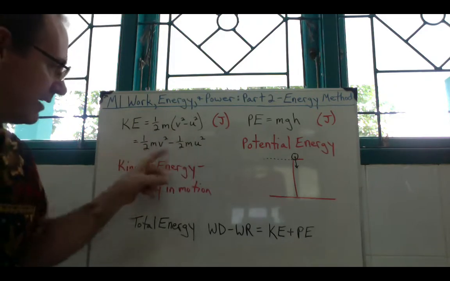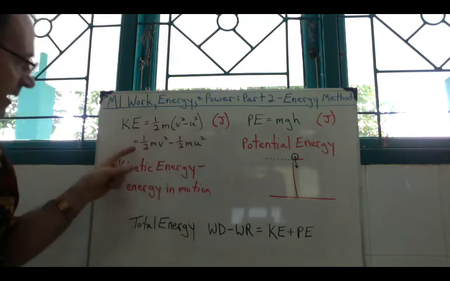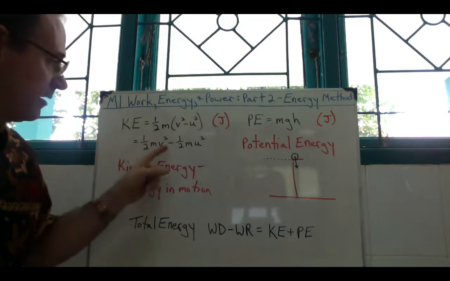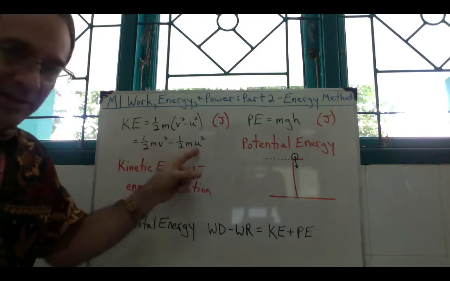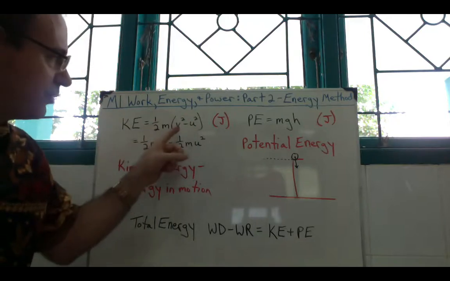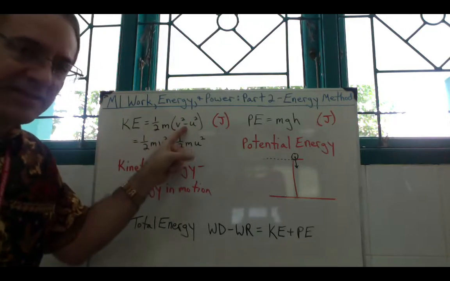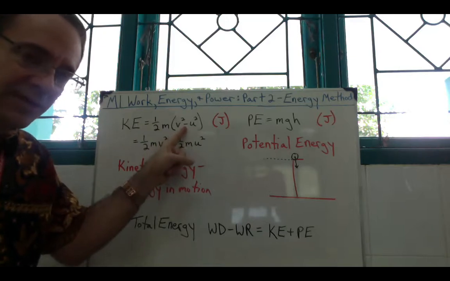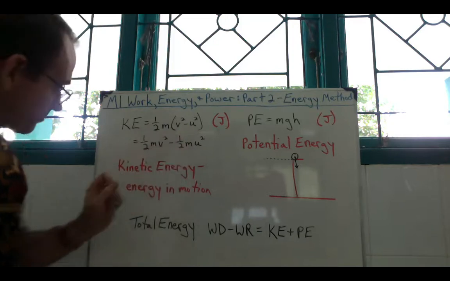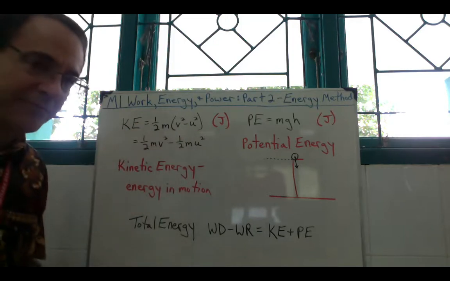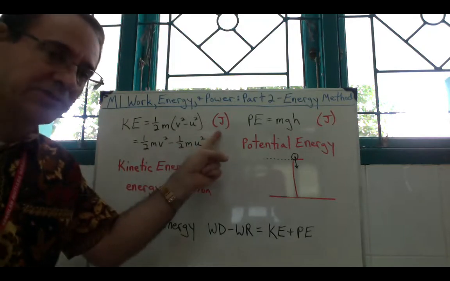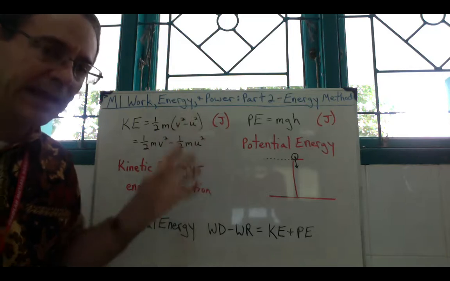You can also write it like this if you want to distribute it and have 1/2 mass final velocity squared minus 1/2 mass initial velocity squared. So kinetic energy has to do with energy in motion, and it's the difference between the squares of your final and initial velocities times the 1/2 mass. And the units of that will be joules, which if you notice was the same as work.